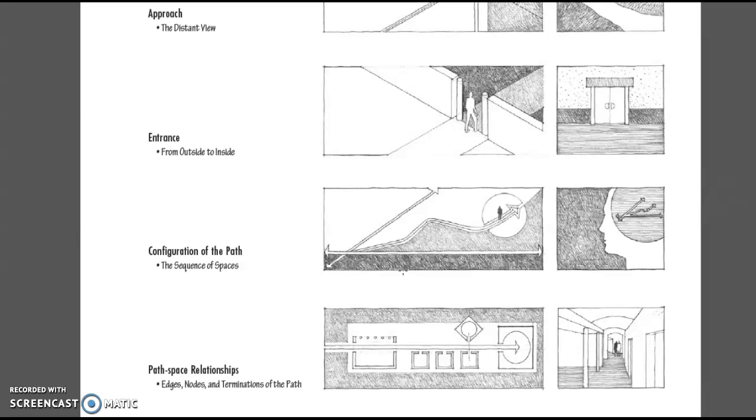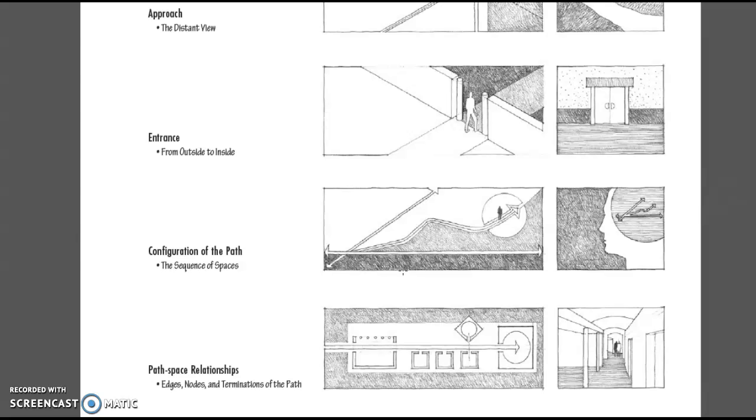That means you are following a certain path, and along that path you are experiencing certain spaces. Say I go from my hostel room to the mess for eating dinner. I will have to take a corridor and a staircase, and then again I have to reach some atrium, and again I have to join the mess. That is the route, the path which I follow.